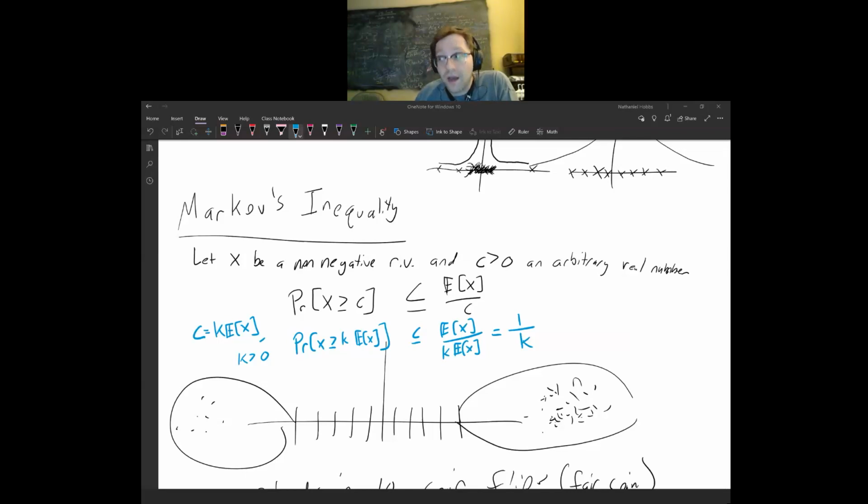You cannot stray from the expectation by 2 times. You can't go 2 times away from the expectation with a probability of 2/3, say. Can't happen.